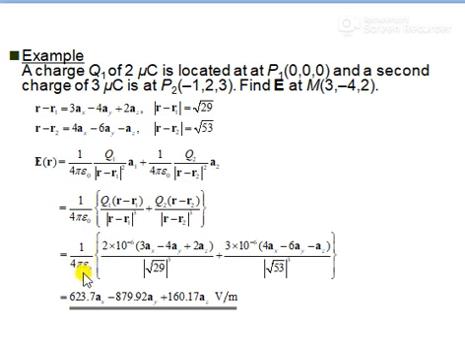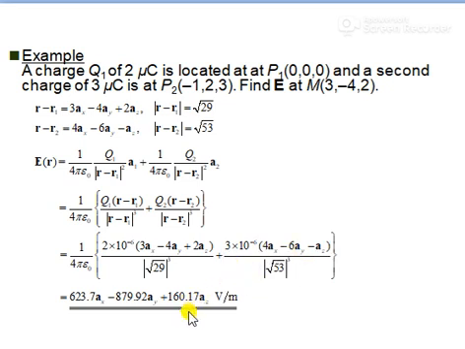Put here 1 by 4 pi epsilon naught, 2 into 10 raised to minus 6 as Q1, R minus R1 is 3ax minus 4ay plus 2az, divided by root of 29 cube, plus Q2 is 3 into 10 raised to minus 6 into bracket 4ax minus 6ay minus az divided by root of 53 cube.